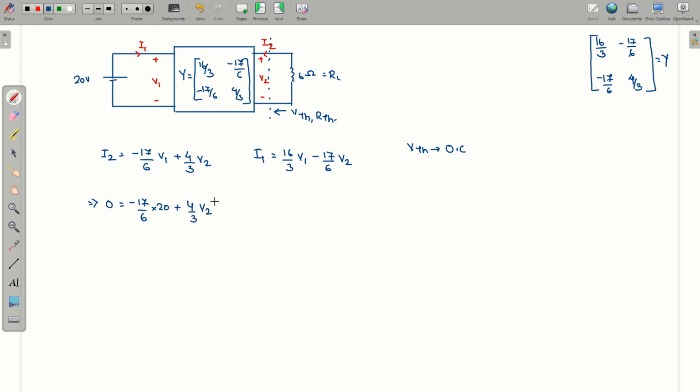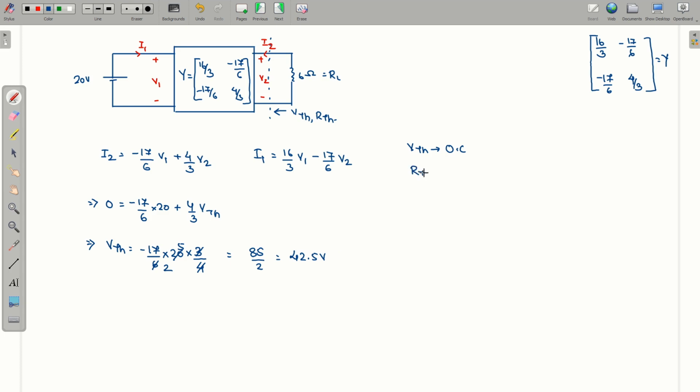Now this V2 is actually VTH because I have put I2 equal to 0. So VTH comes out to be minus 17 by 6 into 20 into 3 by 4. So this is 5, this is 2. So this is 85 by 2, so this will be 42.5 volt. Okay, so VTH is 42.5 volt.